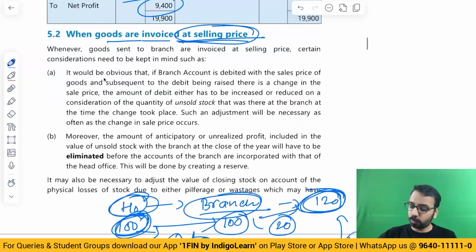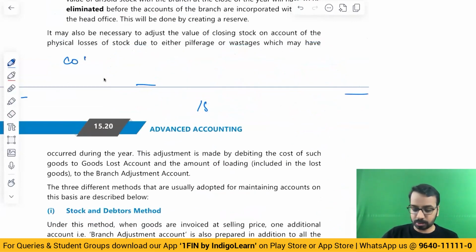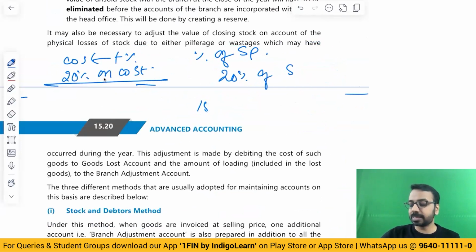Okay. Now, there are two ways in which the questions can be asked. One is they would say cost plus percent, or they would say some percent of selling price. So they can say 20% on cost. This is added and it is sold, or they may say 20% of selling price.